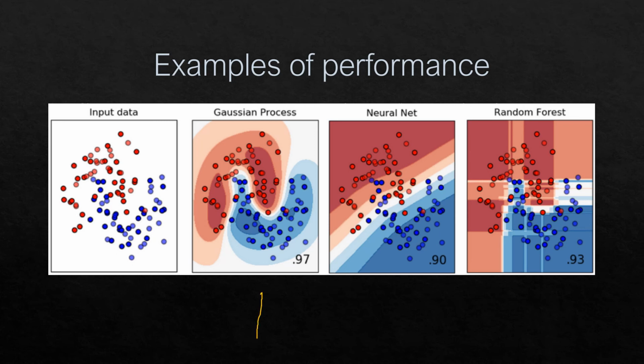Granted, we have high variance here, so our model could be more susceptible to overfitting, and we have high variance here as well with random forests. The neural network seems to be generalizing better because there is a balance between bias and variance. It's not as complex as your Gaussian process and your random forest.